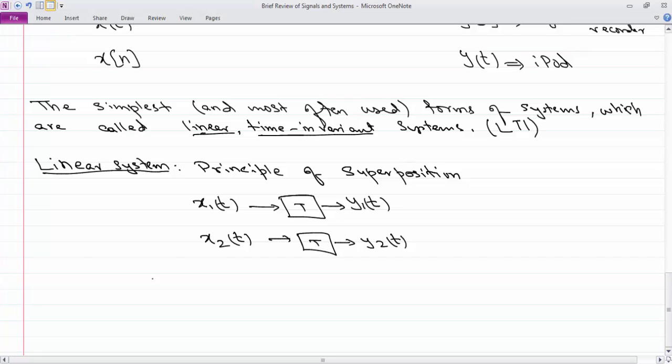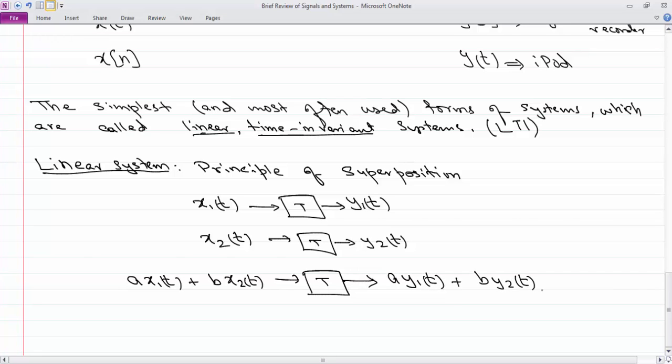So if I have a superposition of inputs, if I say that a x1 of t plus b x2 of t is my input, then my system should generate a y1 of t plus b y2 of t. Now this should hold for all possible input combinations.